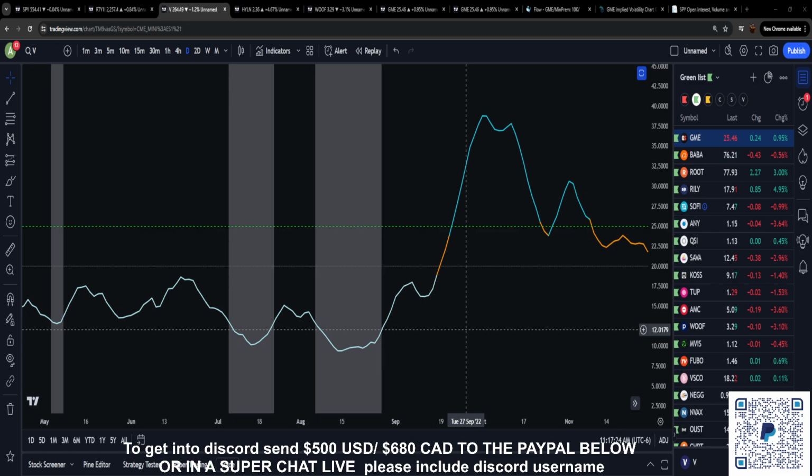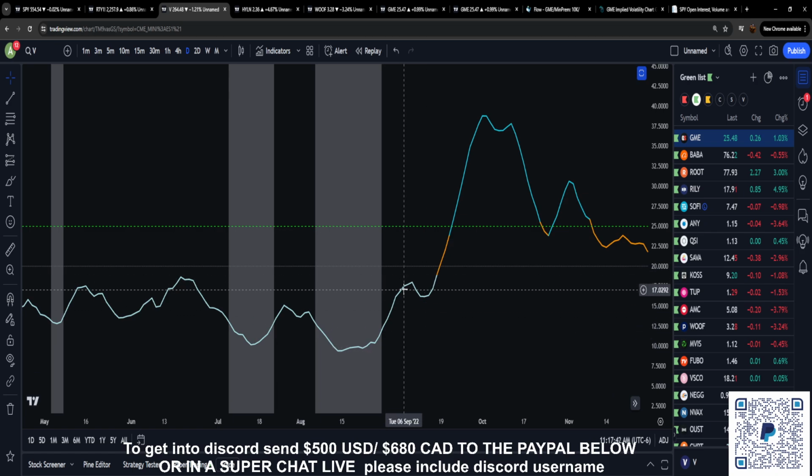When the ADX is below 20, I like to compare it to you beginning to brew a cup of coffee. Now, as the ADX begins to rise and breaks above 20, that is similar to your coffee starting to get warmer.